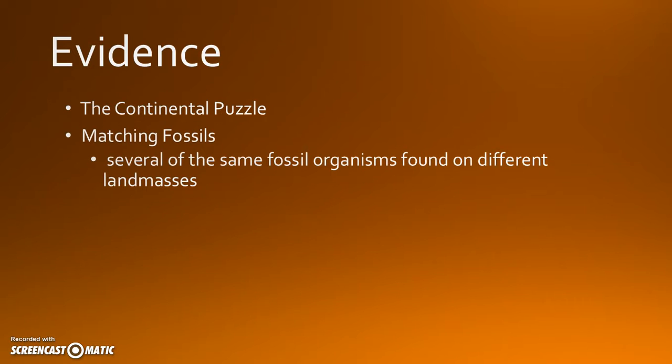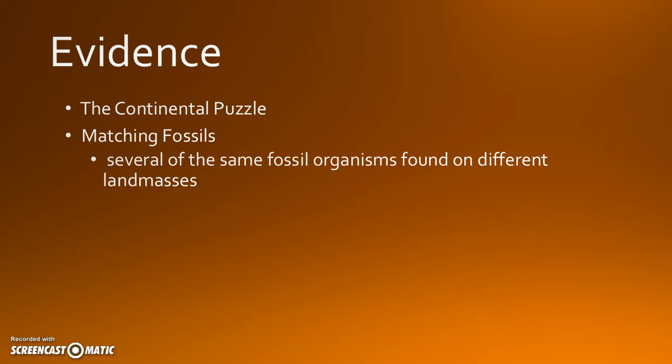So what evidence is there for continental drift, or Alfred Wegener's hypothesis that there was this huge supercontinent that first existed? Well, the first is the continental puzzle, how all of our continents seem to fit together. Matching fossils is another thing. Across continents, let's say in South America and in Africa, there are some of the same fossil organisms found in both of those places.